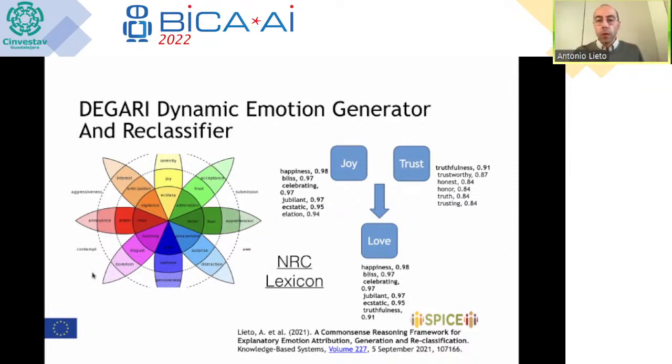So what we did was use a very well-known affective lexicon, called the NRC lexicon, which ranks probabilistically the words which are more likely to be associated to these emotional concepts. We took this lexicon in order to populate all these empty classes within the ontology with properties.